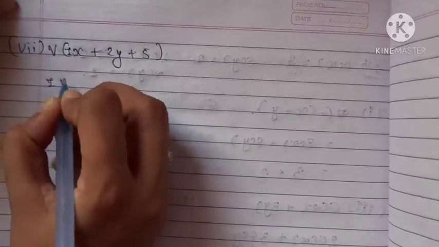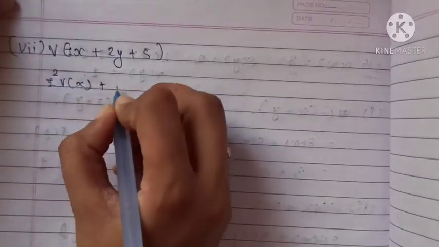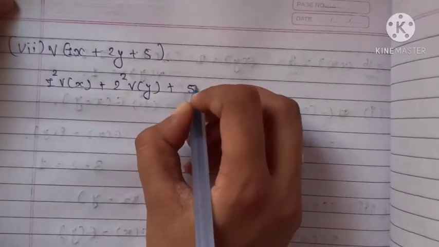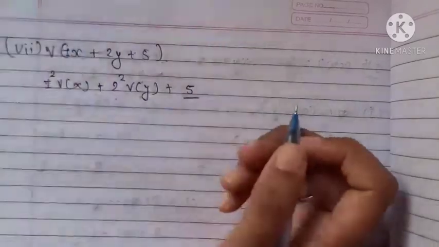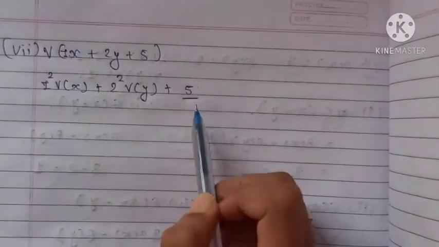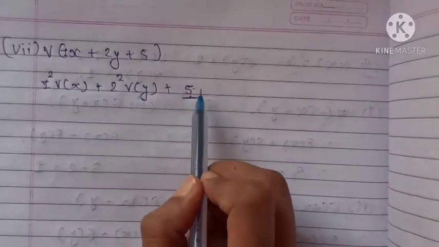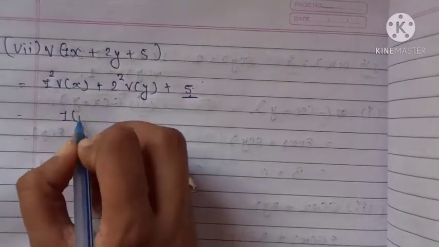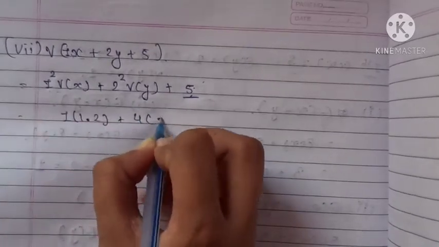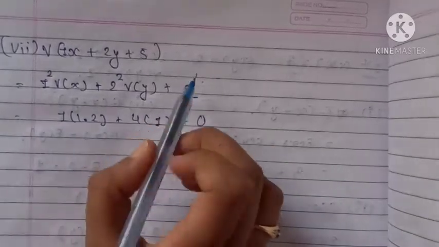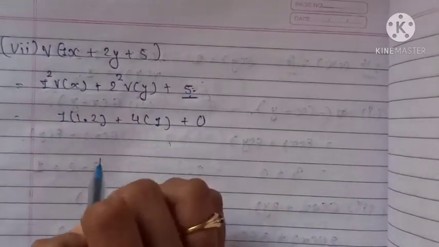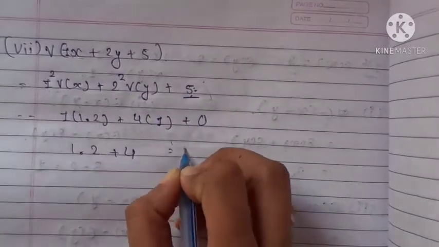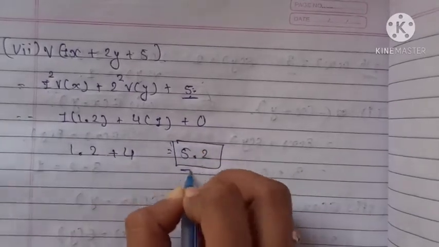So 1 square V(x) plus 2 square V(y) plus 5, that is a constant and it has no variable, so we will not add this in our next step. So 1 into the V(x) value 1.2 plus 4 into 1 plus 0. A constant does not have any variable with it, so it does not carry forward. So 1.2 plus 4. The answer is 5.2. Simple enough.